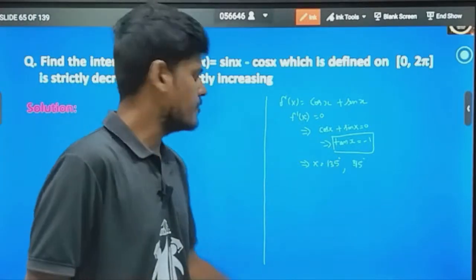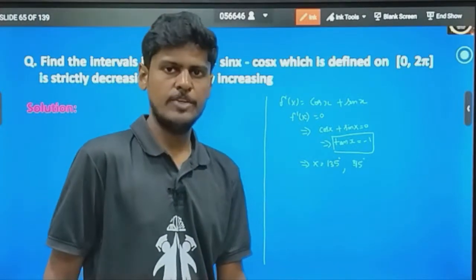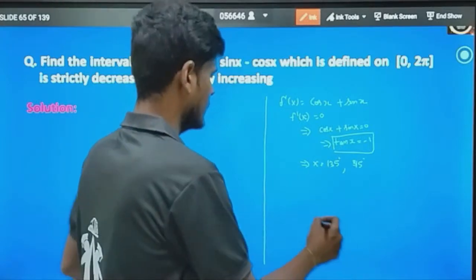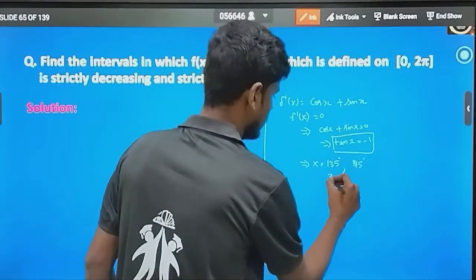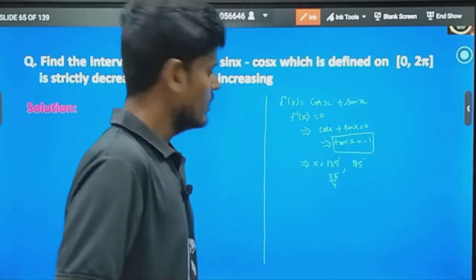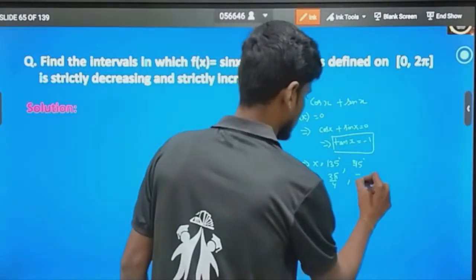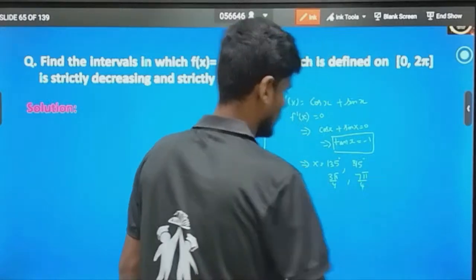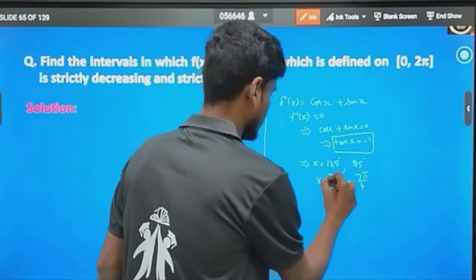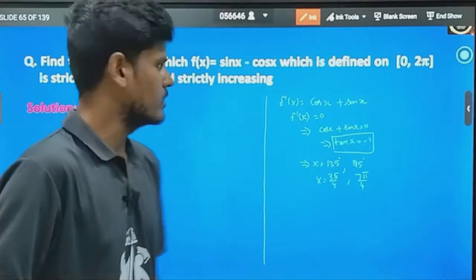These are the two values. What is 135? 3 pi by 4, and 315 will be 7 pi by 4. So x equals 3 pi by 4 and 7 pi by 4.